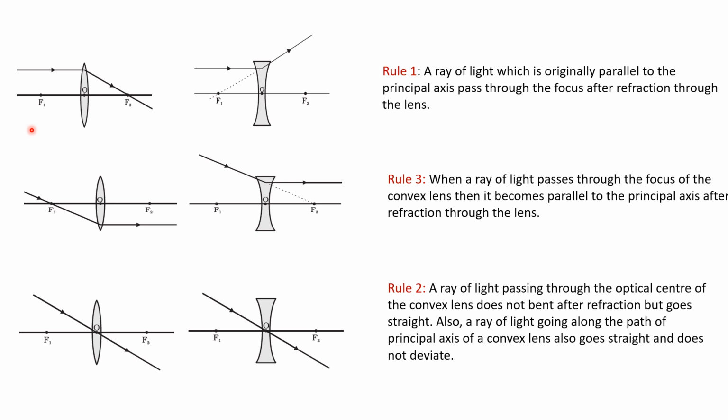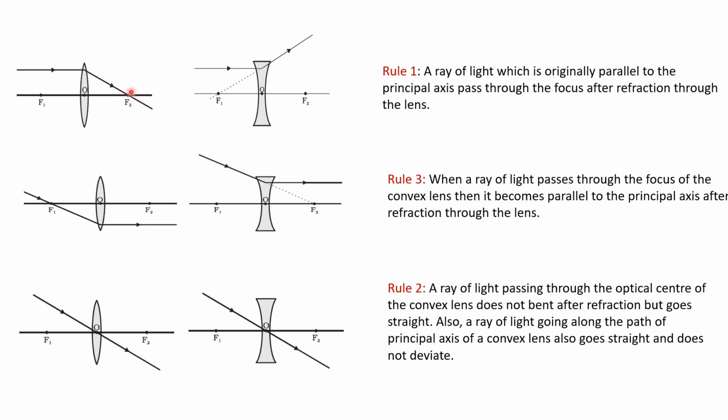Let's see rule number 1. A ray of light which is originally parallel to the principal axis passes through the principal focus after refraction, in the case of a convex lens.